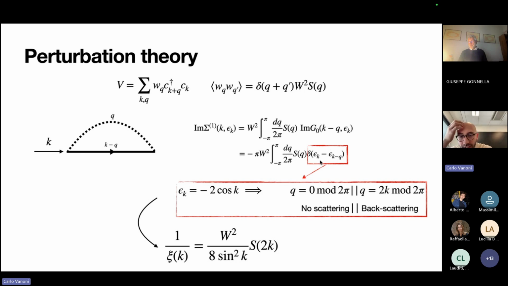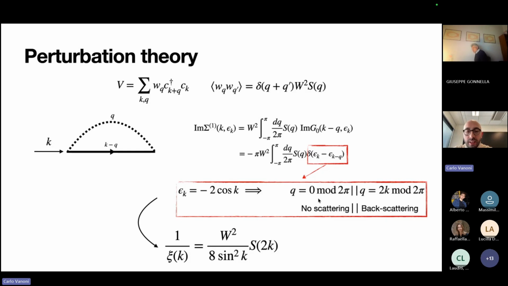And so you can readily see that in order to have a non-zero contribution, you have to satisfy this delta function, and this can be satisfied either if q is equal to 0, but this is somehow trivial. So q equal to 0 means that the electron is moving without any scattering event, so the potential is not doing anything.